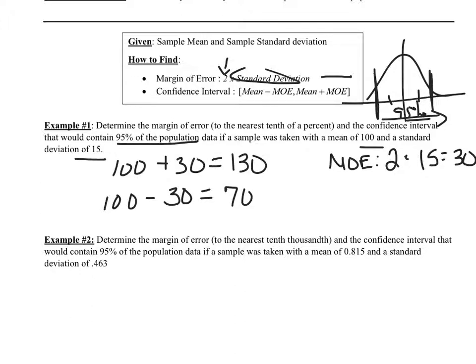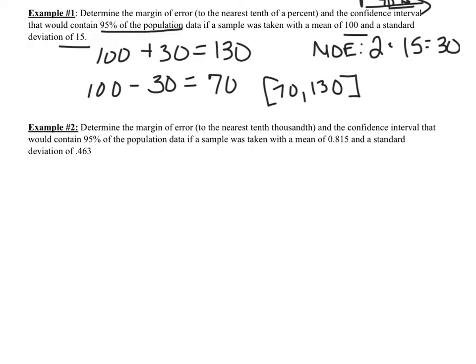And then we could say whatever this study was studying, that between 70 and 130 would be an accurate statement. Okay, this is the easiest one, and this is the one we always give you, because it really is really straightforward.